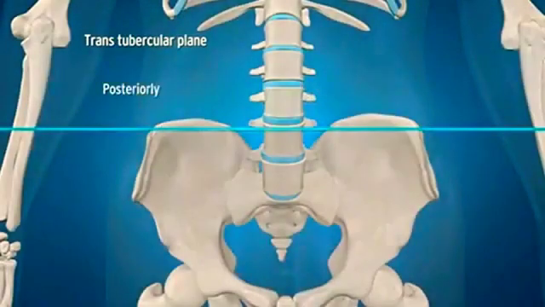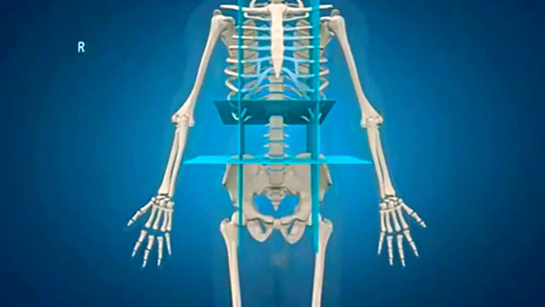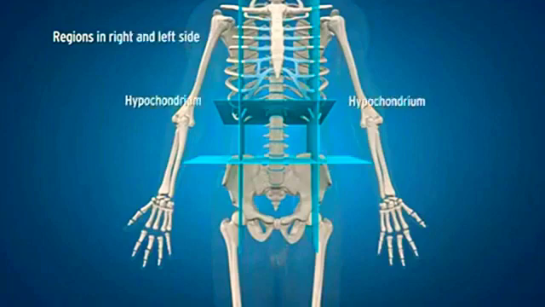Posteriorly, it passes through the upper border of L5 vertebra. Regions in median part: epigastric, umbilical, and hypogastric. In the right and left side, hypochondrium, lumbar, and iliac regions.